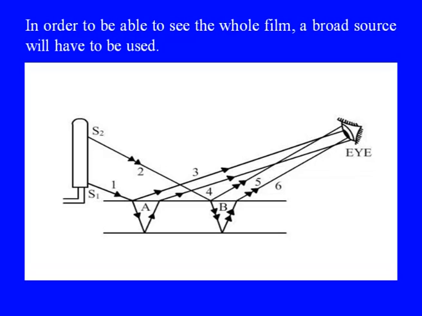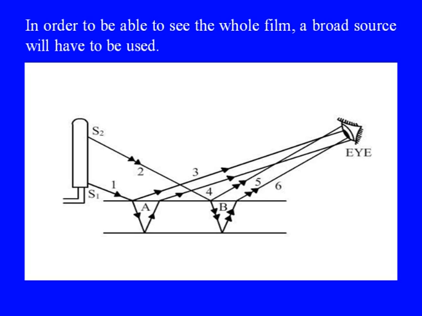The source is a broad source. Ray 2, top reflected, gives ray 5, and the other one, bottom reflected, is ray 6. 5 and 6 are also coherent, both have originated from the ray 2. So, the eye will be able to see the region B of the film as well.